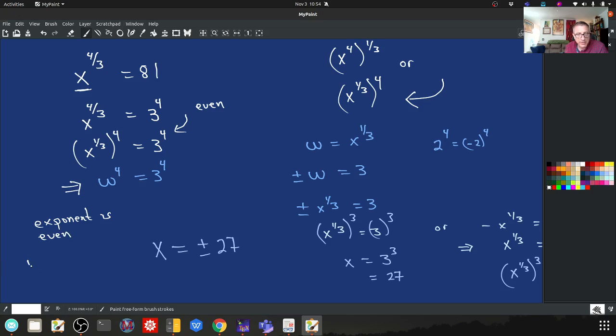Just remember, if the exponent is even, at some step you get 2 solutions. If the exponent were odd, we'd only get 1.